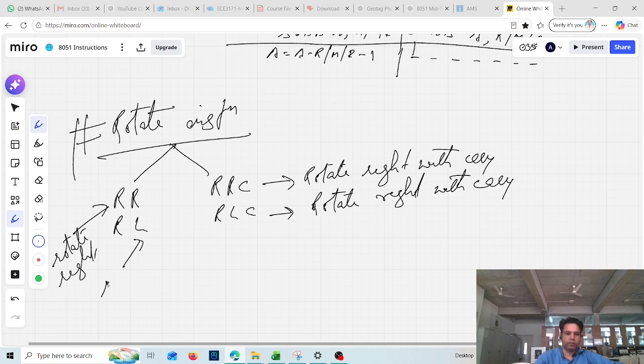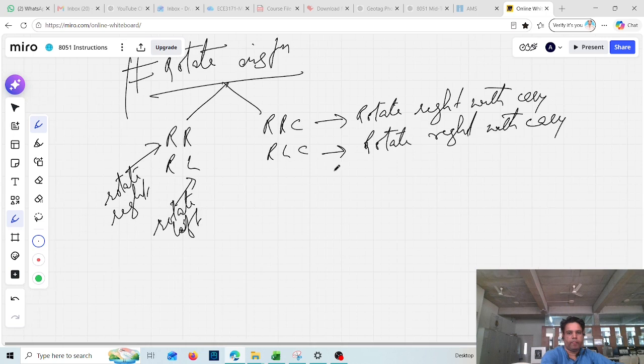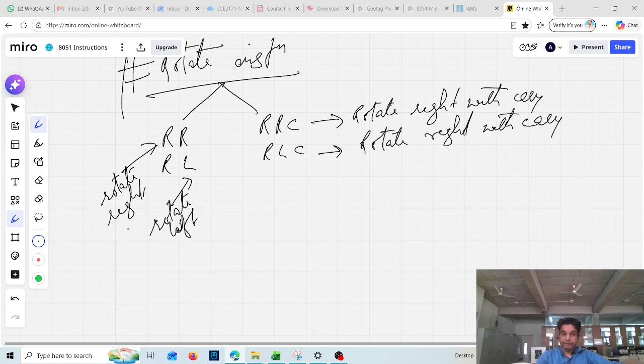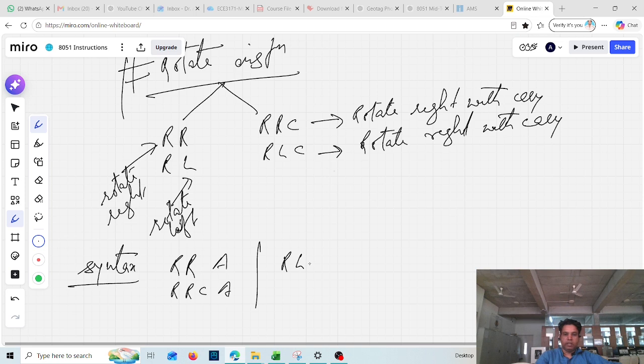And this is rotate left. In this case, the bits are going to move in the right direction or in the left direction. And the syntax is going to work on only one operand, that is the A register. So you can write RRA, or RRCA, or RLA, or RLCA. It is going to work on only the accumulator.